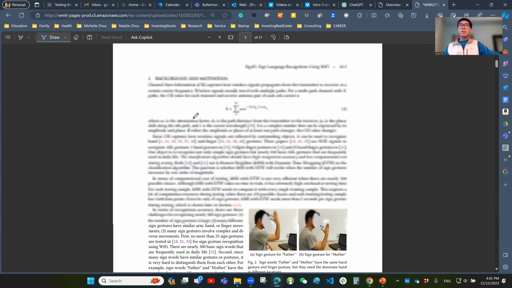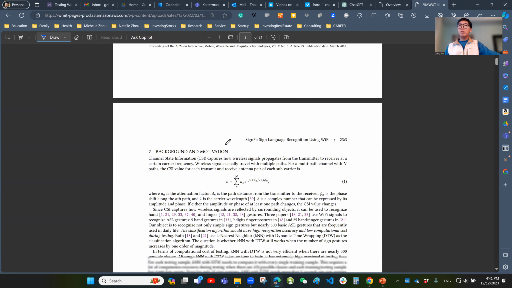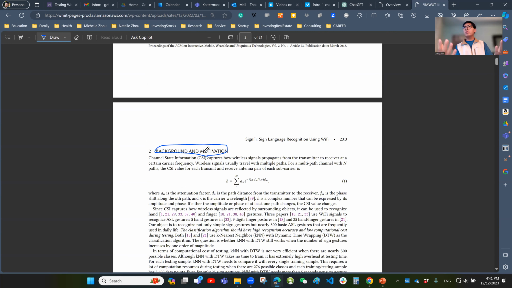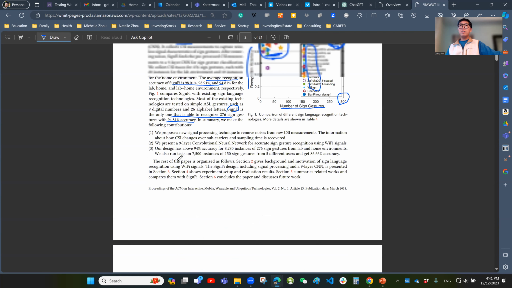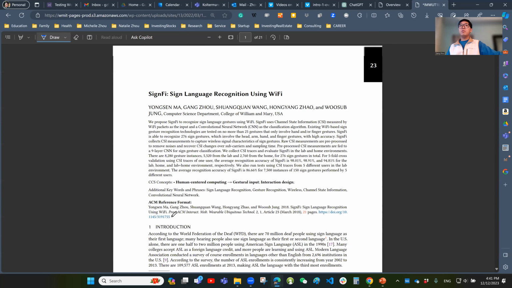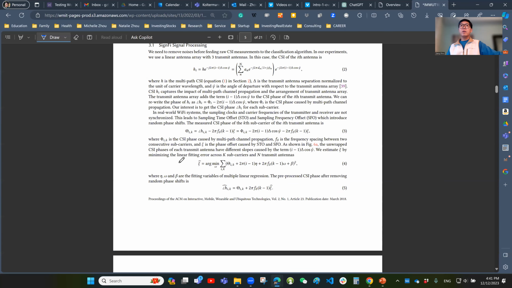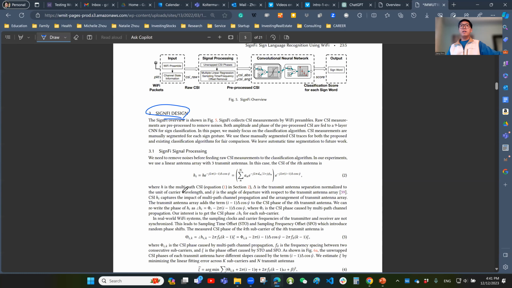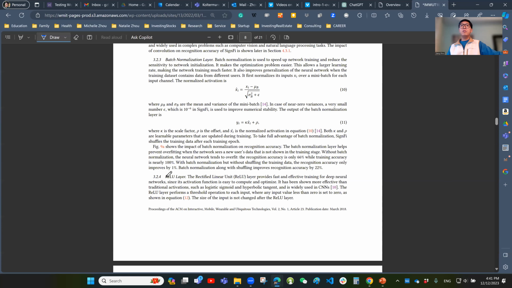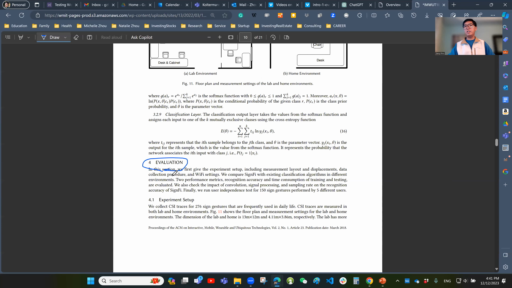And section 2 is some background and motivation. You don't need background and motivation for every paper, but for some papers, if the background is extensive, a lot of motivation to motivate people to read your solution, it's good to have it there. Before that, you see that's the introduction. So you do want to have introduction, motivation, and then your solution, your design, and then your evaluation, right? You want your whole story to flesh out.